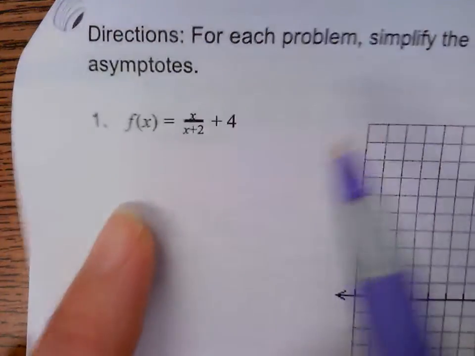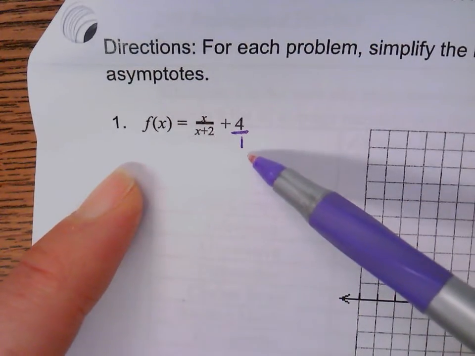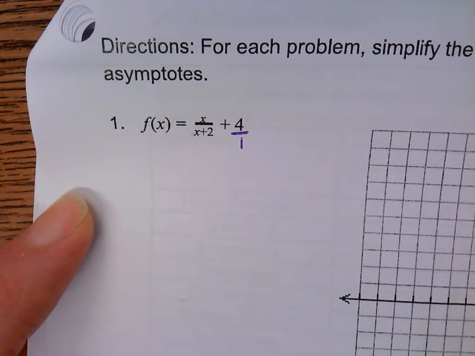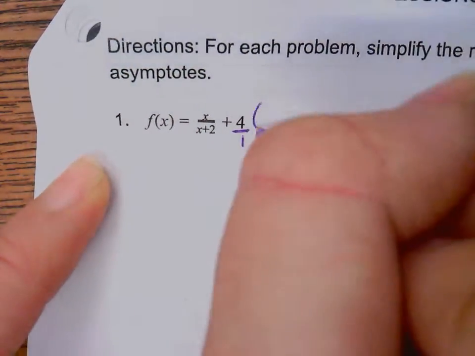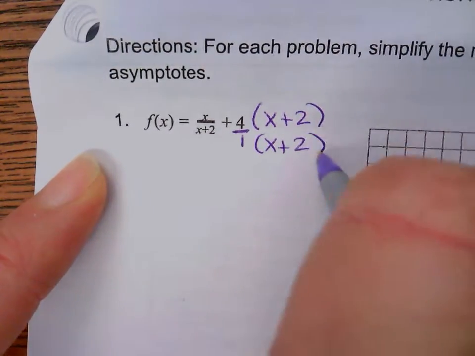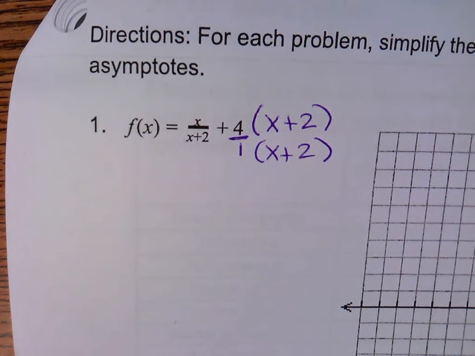So my common denominator, if this is 4 over 1 right now, my common denominator is going to be x plus 2. So I'm going to multiply by x plus 2 over x plus 2 because that's like multiplying by 1. Does that sound familiar about combining 2 fractions together?